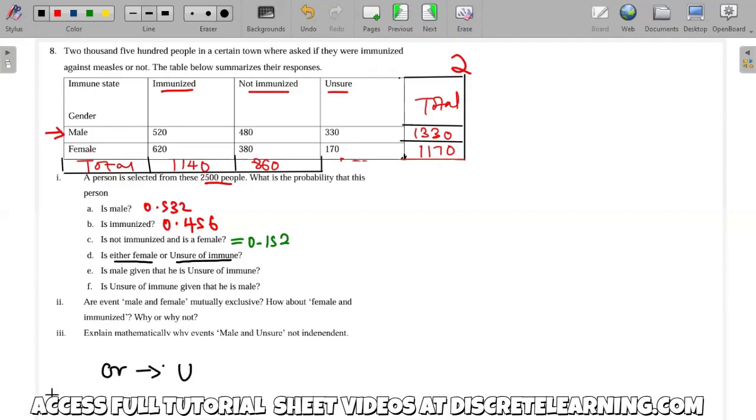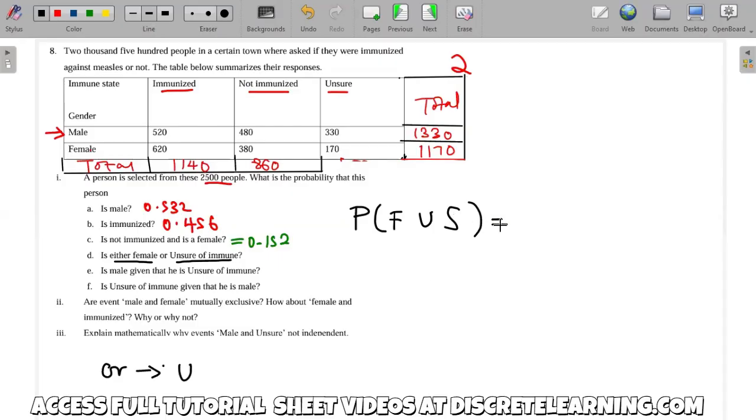So I'm trying to find the probability of female union what? Union unsure. Since I'm using U for the union here, for unsure I'm just going to write S.